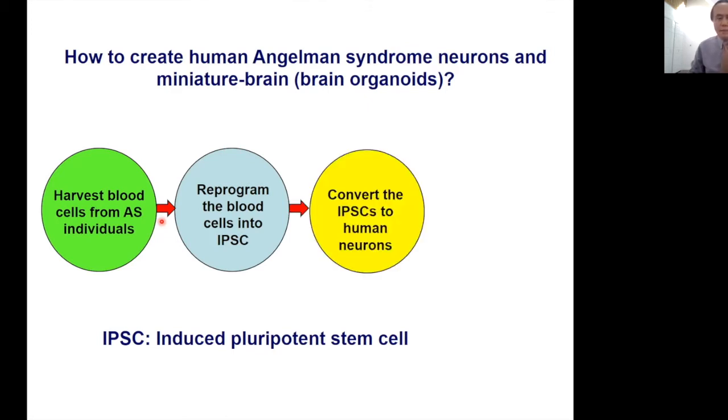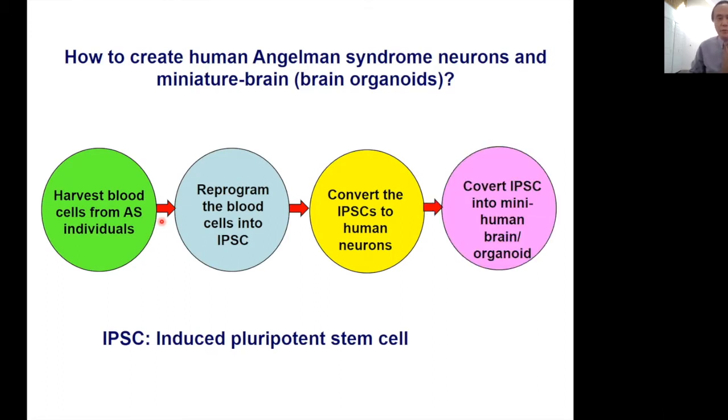With the iPSC, we can also use other methods developed later on to let the cell differentiate into human neurons. And just very recently, scientists also figured out how to create a so-called miniature human brain in the petri dish, which we call a brain organoid.